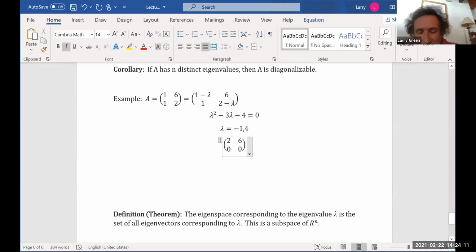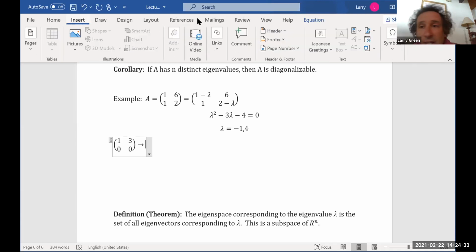I can take that 2, make it a 1 and a 3. I'm row reducing here. So that gives me the eigenvector. Let's make a vector out of it.